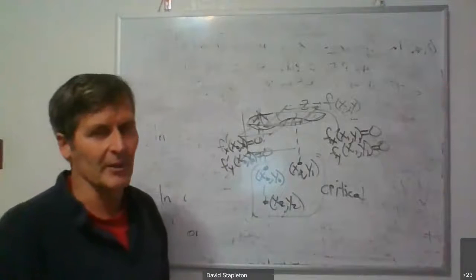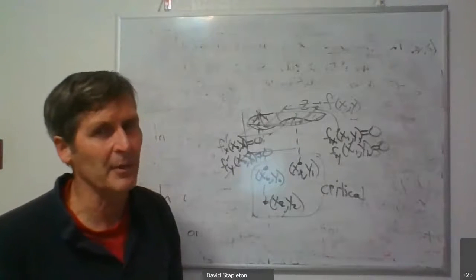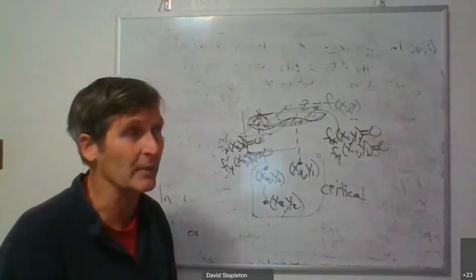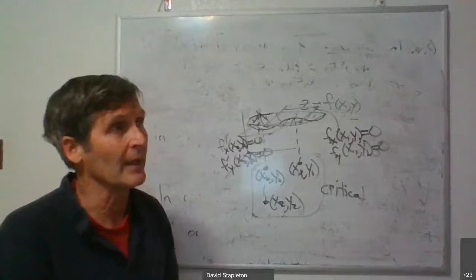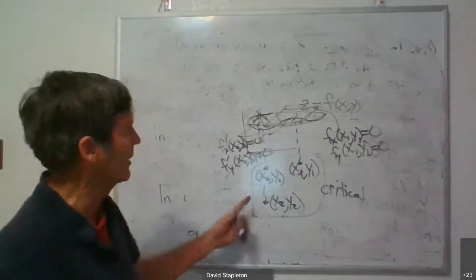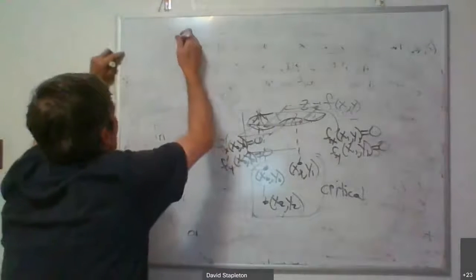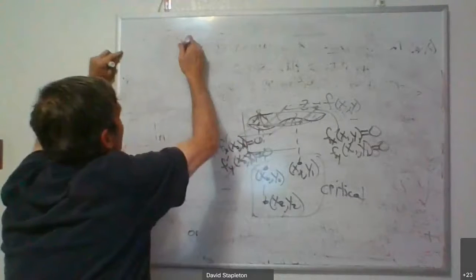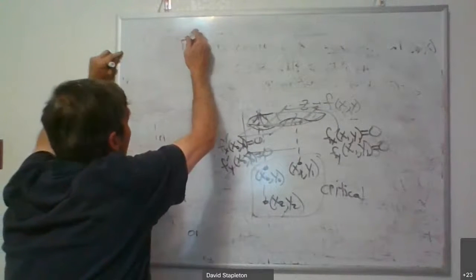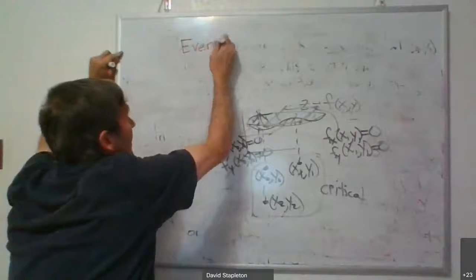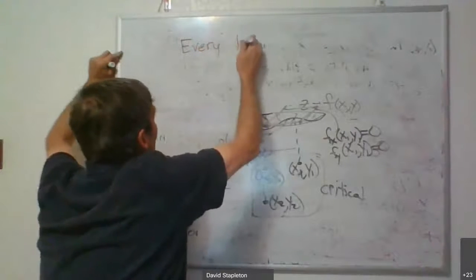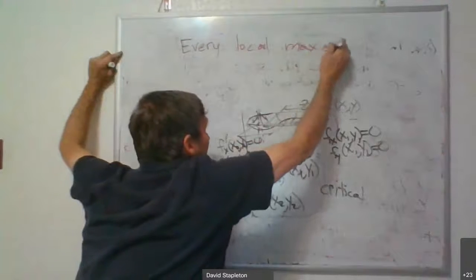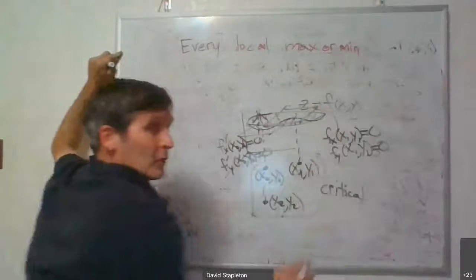Well, I was saying, what's a theorem do you think that would come up now for functions of more than one variable? It's an analogy to what we did for calculus 1. On calculus 1, we have that every local min or max occurred at a critical point. Same thing here. Every local or relative max or min, jointly called relative extrema.